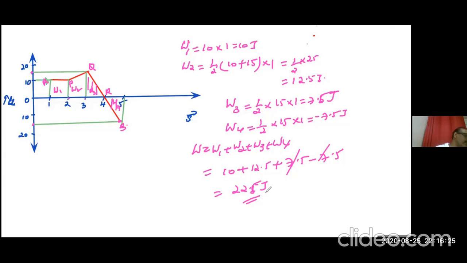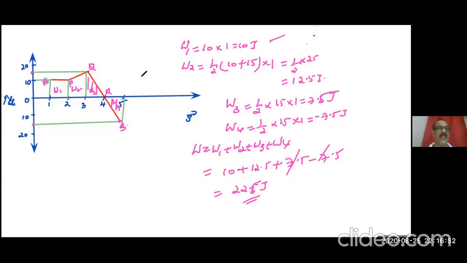Sir, can you explain this again? I don't understand. Area under the graph: A to P is W1, P to Q is W2, Q to R is W3, R to S is W4, isn't it? The area of this rectangle is length into width. First I calculated 10 joule, right?